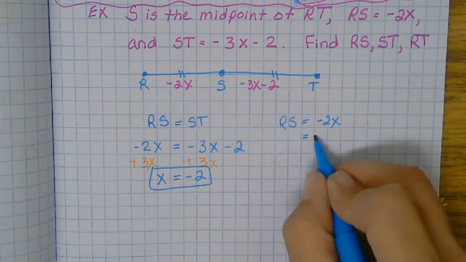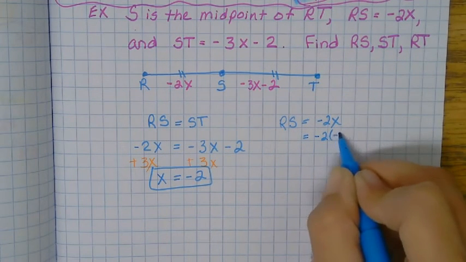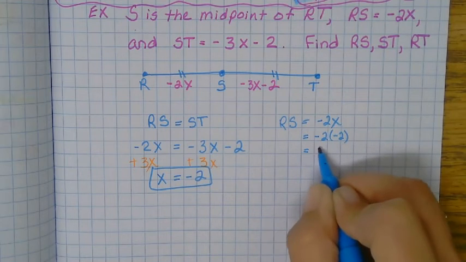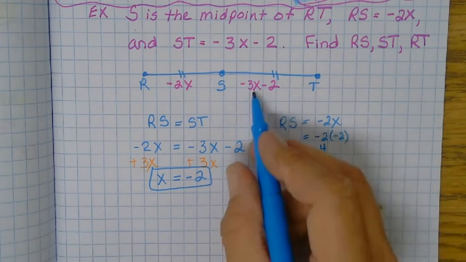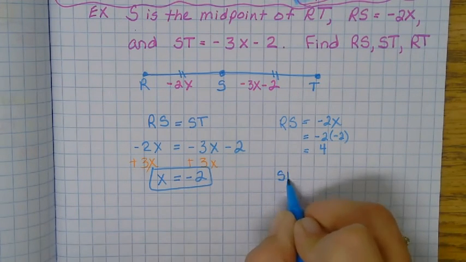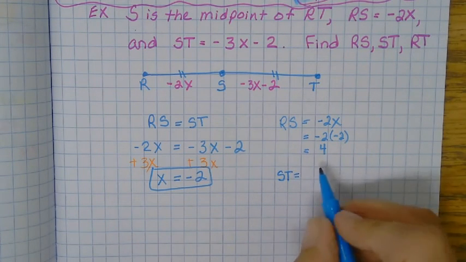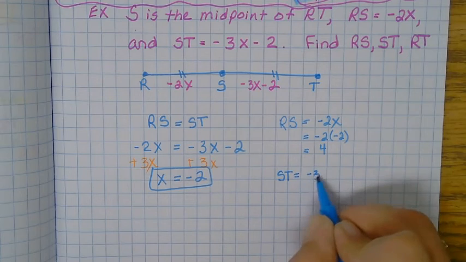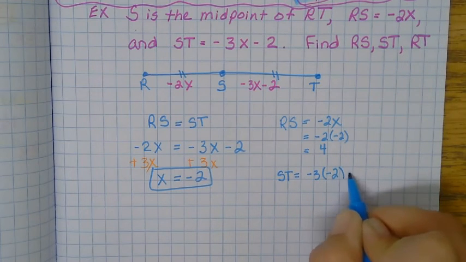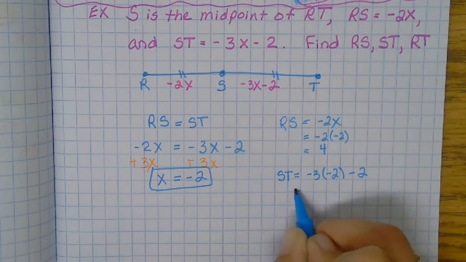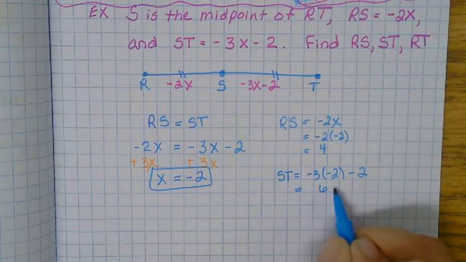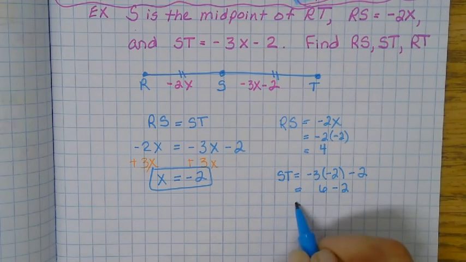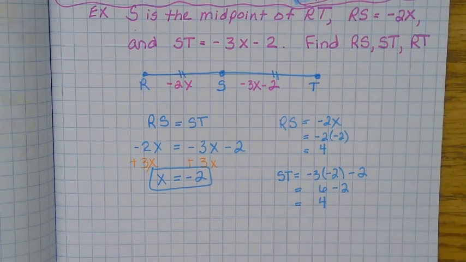Plug in. So it equals 4. And then ST equals negative 3 times negative 2 minus 2. So what is that? 6. Positive 6 minus 2, which is 4.